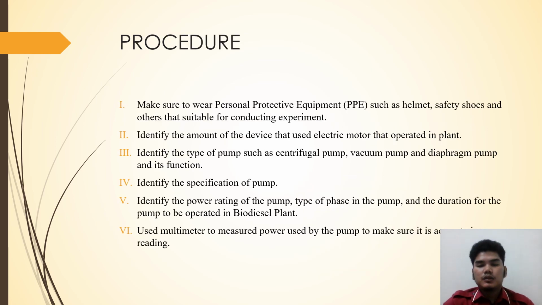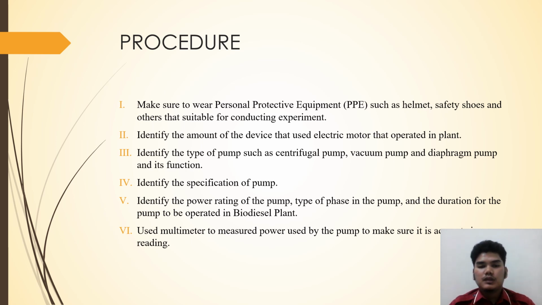The procedure of this experiment: first, make sure to wear PPE such as a helmet, safety shoes and others that are suitable for conducting the experiment. Next, identify the amount of devices that use electric motors operating in the plant. Next, identify the type of pump such as centrifugal pump, vacuum pump and diaphragm pump and its function.